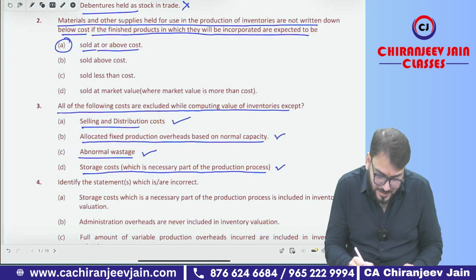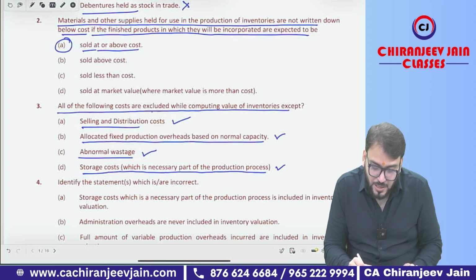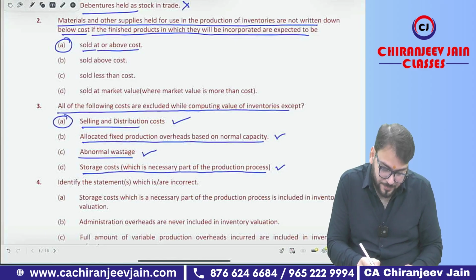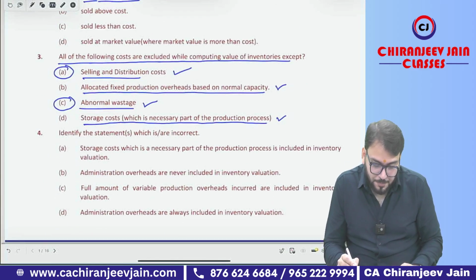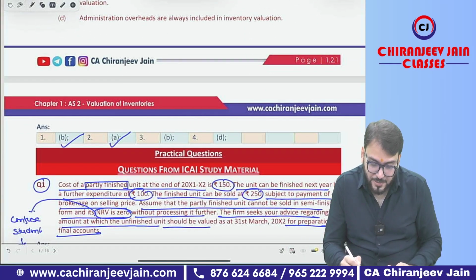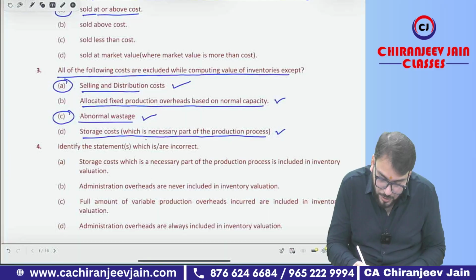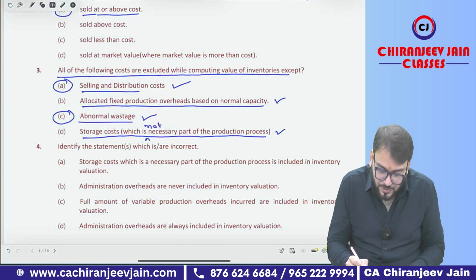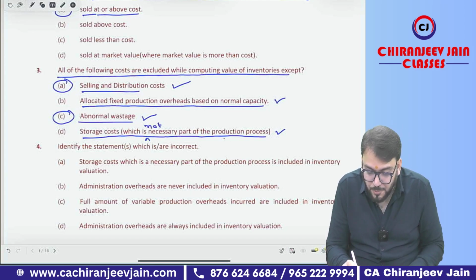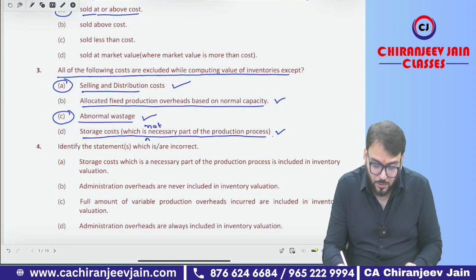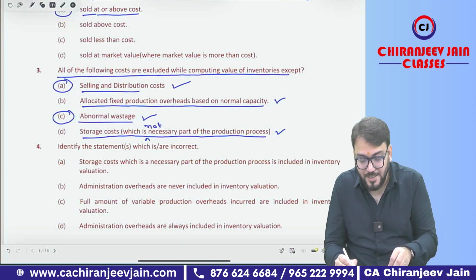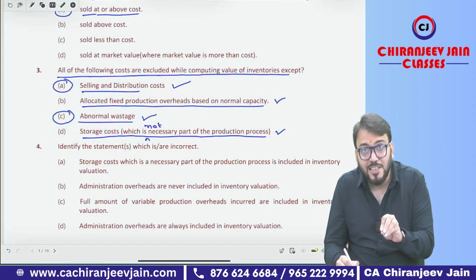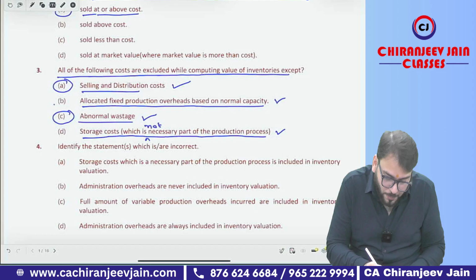Now, there is something wrong. All the following costs are excluded except. This is excluded, this is excluded, but B and D are included. So just change it: storage cost which is not a necessary part of the production process is excluded. Storage cost which is necessary for the production process is actually included. Then option number B is correct.